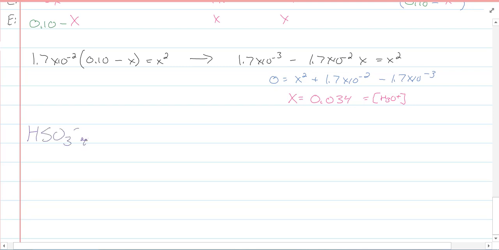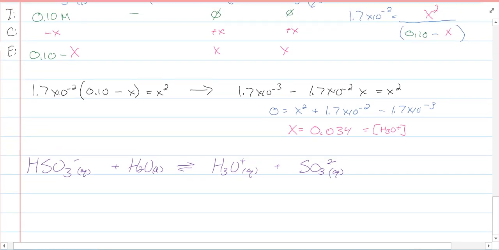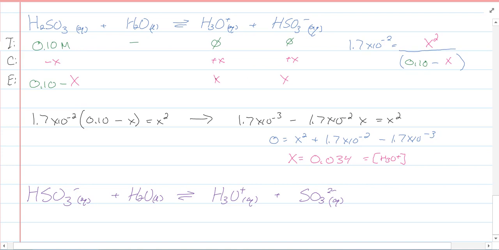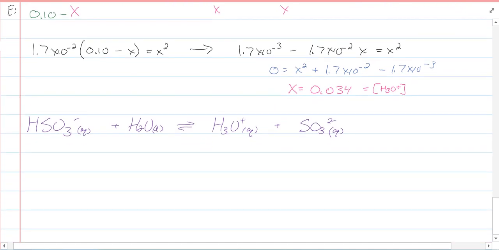HSO3 minus, this is Ka2, going to H3O plus and SO3 2 minus. Now, if we look up here, X represents hydronium and hydrogen sulfite. That means I'm starting with 0.034 molar and 0.034 molar, and of course 0 molar in our ICE table.